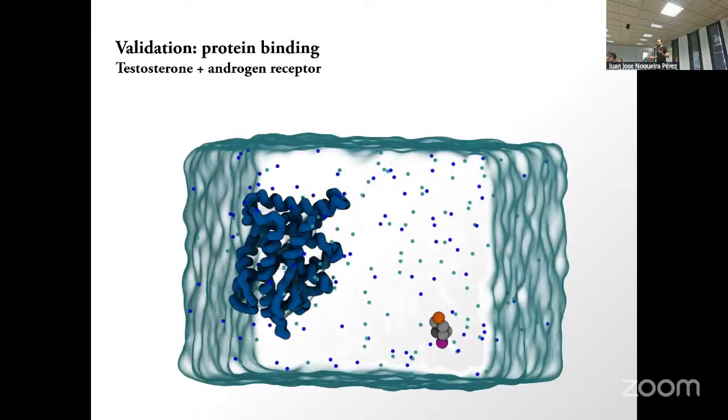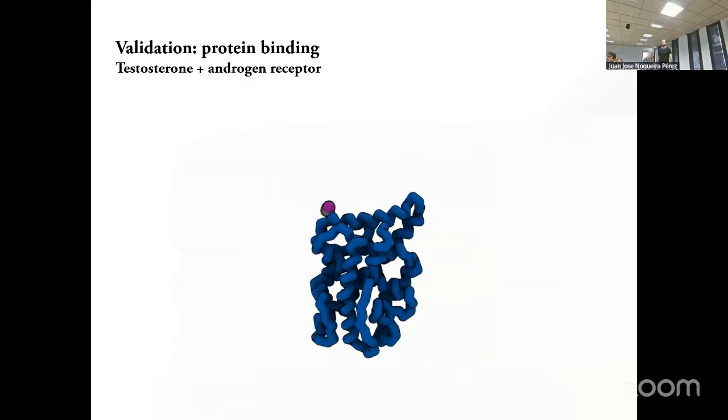But then the cool thing is, okay, we have all these structures that came from the PDB because they're bound to proteins. So can these models actually recover that? So, okay, we have the PDB structure. We take the hormone, but take it out of the binding pocket, just put it next to it in the simulation box, and there it goes. And hey, no, that's not the binding site, that's just a decoy.